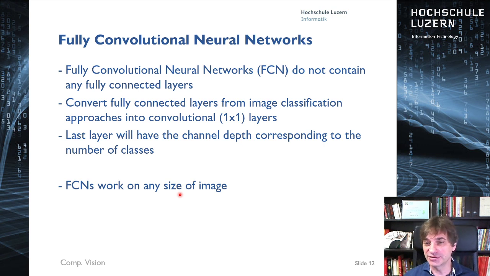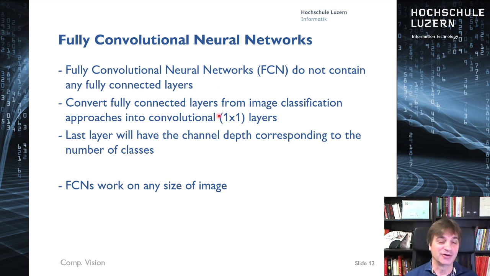Why? Because you want as output an image map, and each pixel position of the output will be a vector with the probability of the classes there. So what you have to do is convert the fully connected layers that you had in networks used for image classification into convolutional layers.